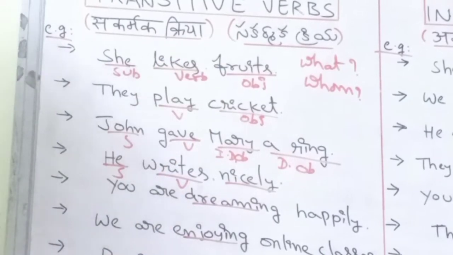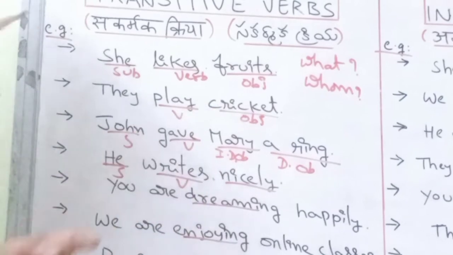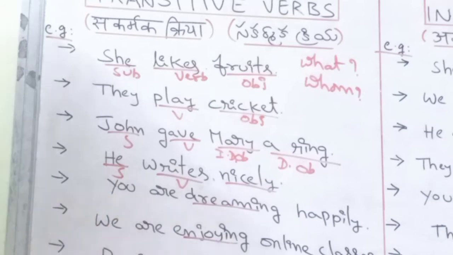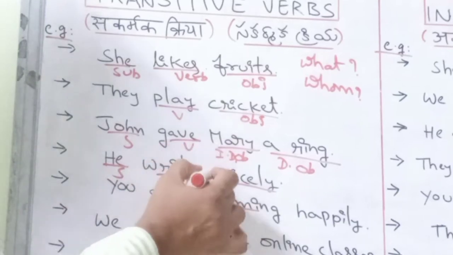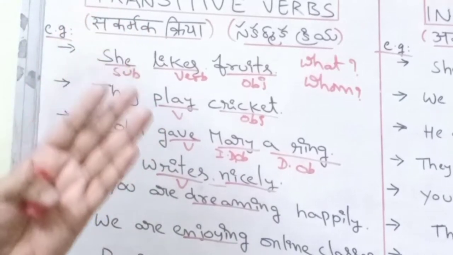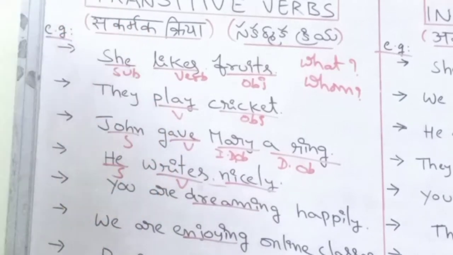We can give some answer: he writes a letter, he writes lyrics, he writes poetry nicely. There is always some chance to write an object here if we want. That's why the verb writes becomes a transitive verb.